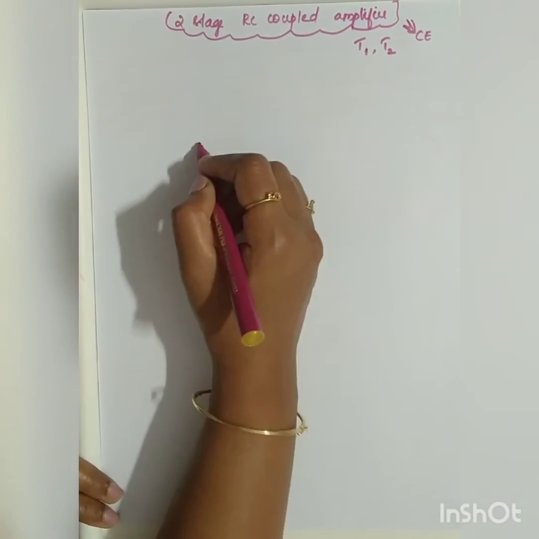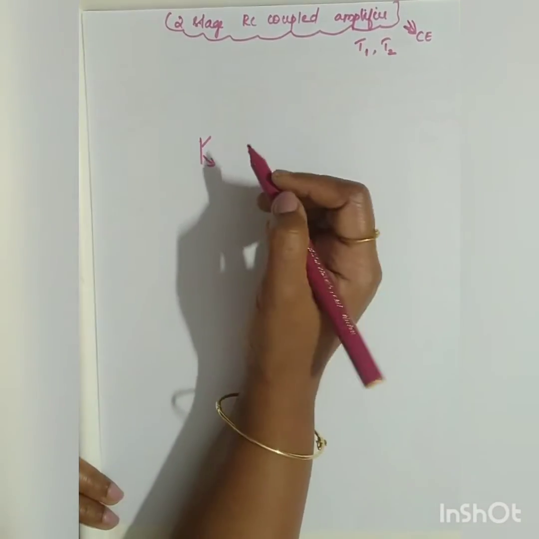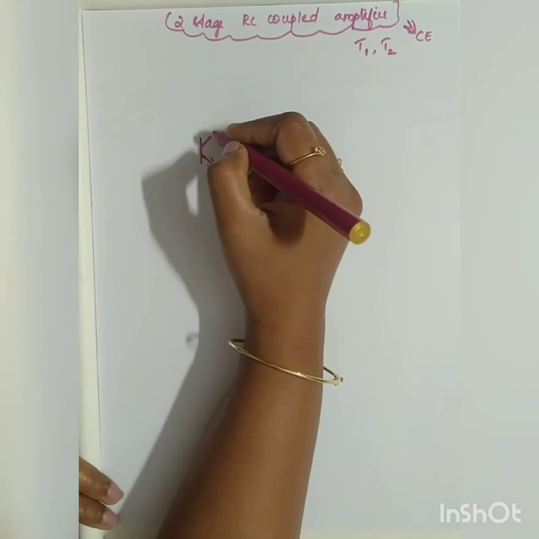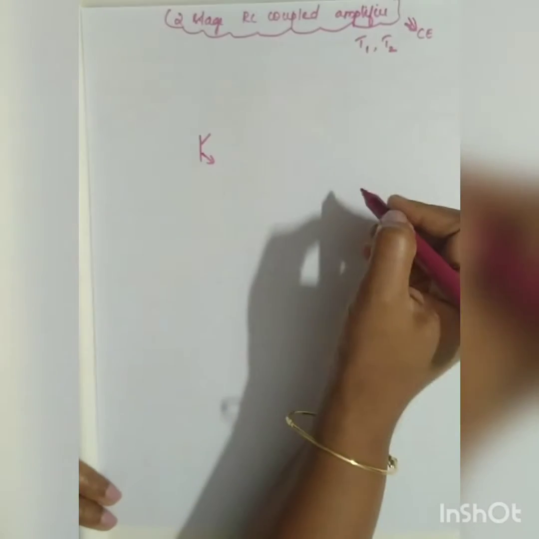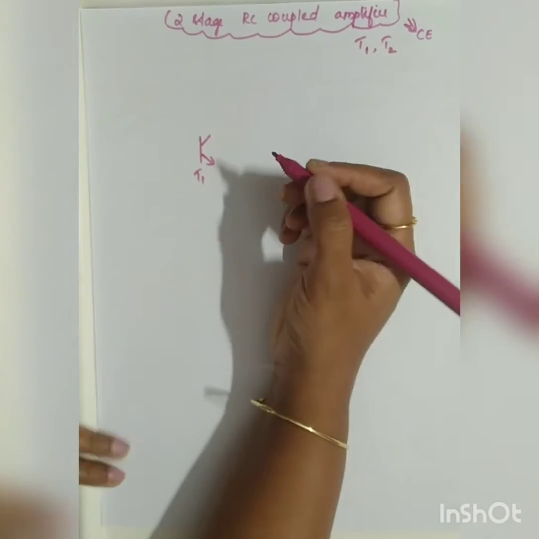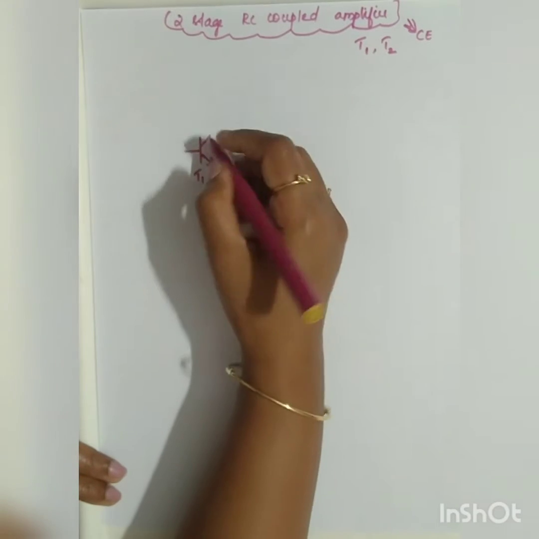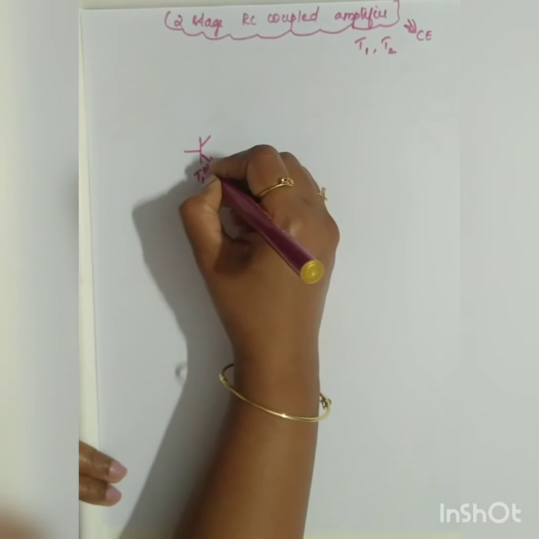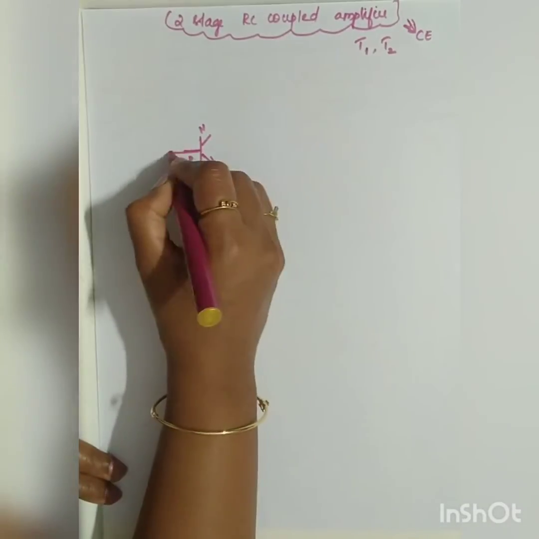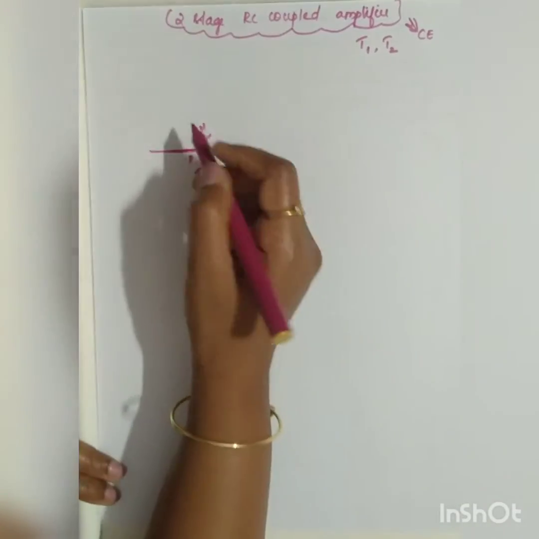So let me draw the diagram. It consists of 2 stages. First stage RC coupled will be given as input to the second stage. So let me consider this as your transistor T1. This is NPN, right? Now this is your transistor.